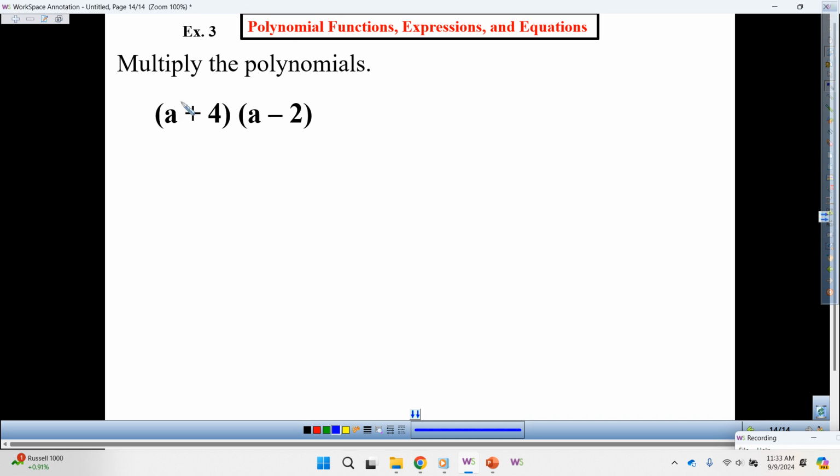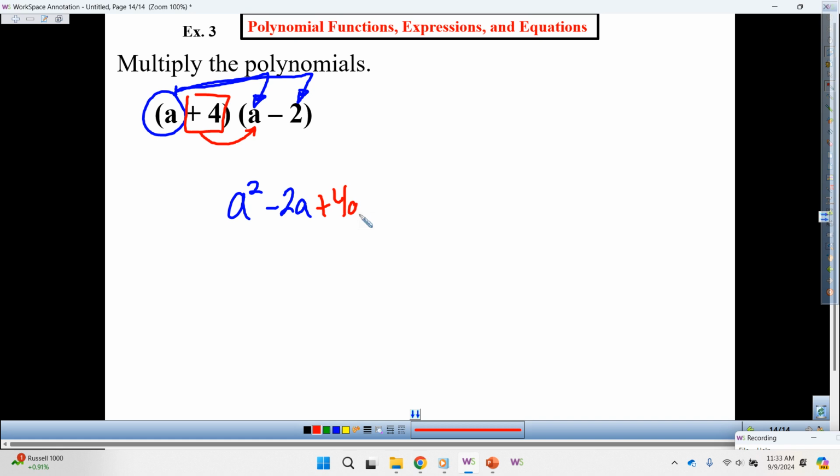So I'm going to start with this one first. What is a times a? A to the second. What is a times -2? That's -2a. Next, what is 4 times a? 4a. What is 4 times -2? -8. So what did I just do?